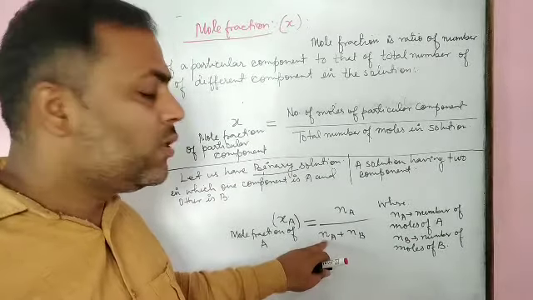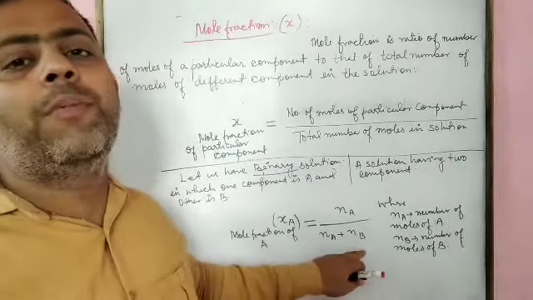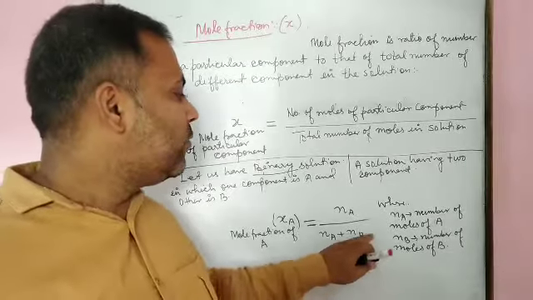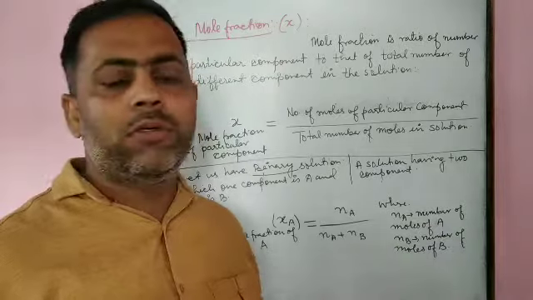Total number of moles means if we have two components, then the total number of moles is equal to N_A plus N_B. N_A stands for number of moles of A and N_B stands for number of moles of B.